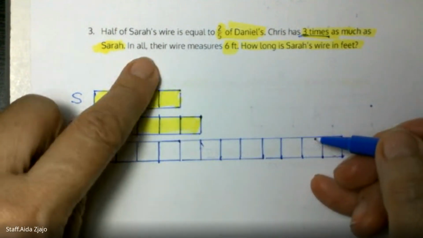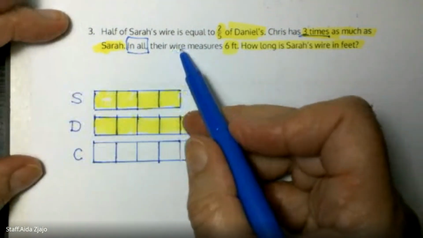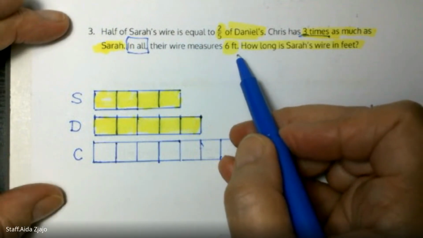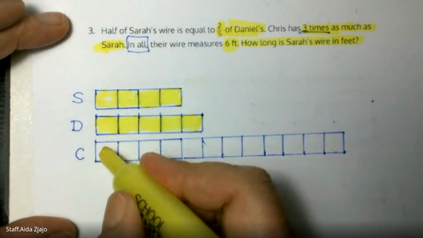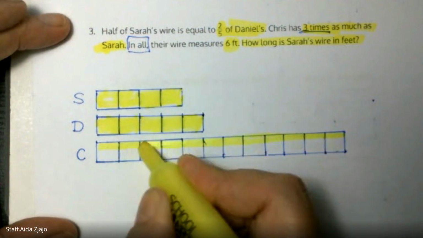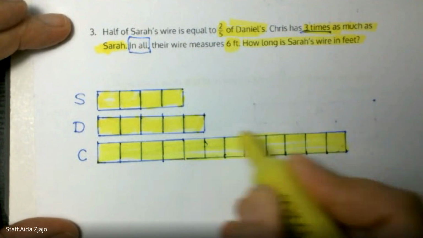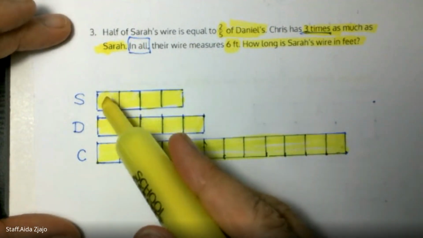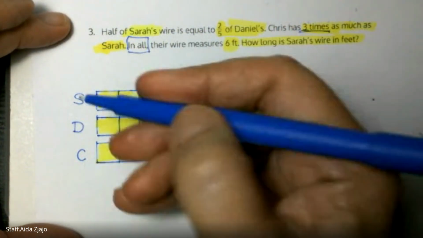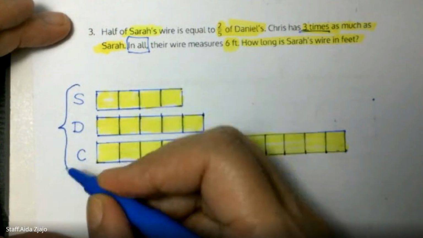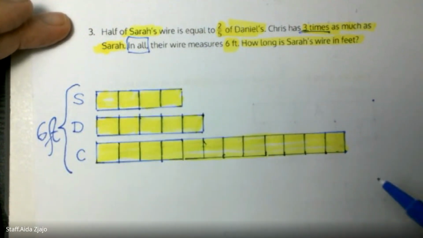So now they said in all, their wire measures 6 feet. So all this, Chris's pieces, 3 times as much as Sarah, Daniel's, and Sarah, they all are 6 feet.